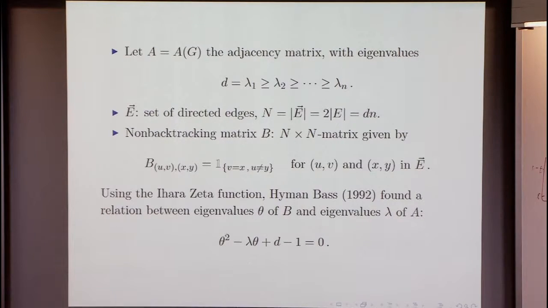And one thing, this Bass formula is well known, and initially we thought in the Ramanujan case, we shouldn't profit from passing to non-backtracking walks because we have an equivalence between the eigenvalues. And we know that the direct spectral approach to compute L2 distance fails on these graphs of bounded degree.